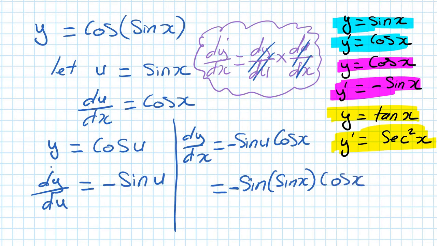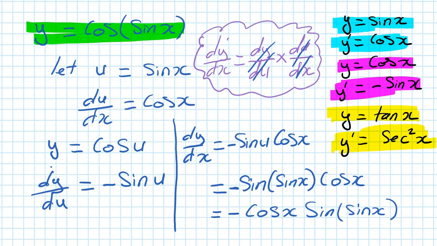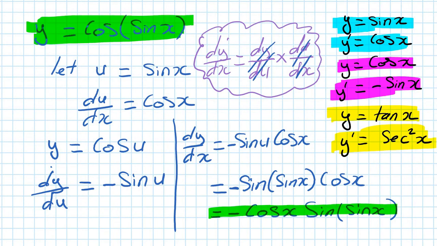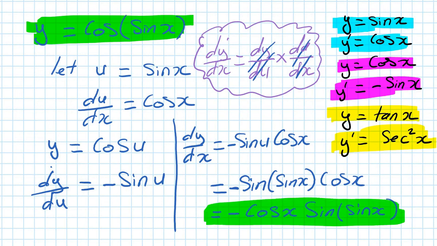That is your answer. So I can rewrite it so it looks nicer and is easier to read, which is cos x times sine of sine x. This means that if you differentiate cos of sine x, you get negative cos x sine of sine x. That's the answer here.